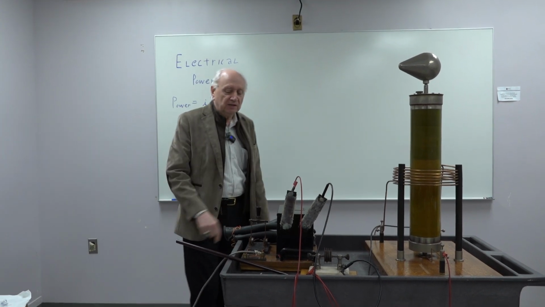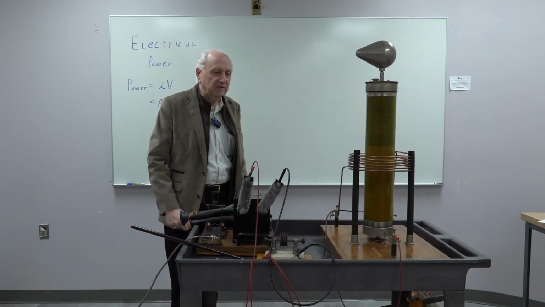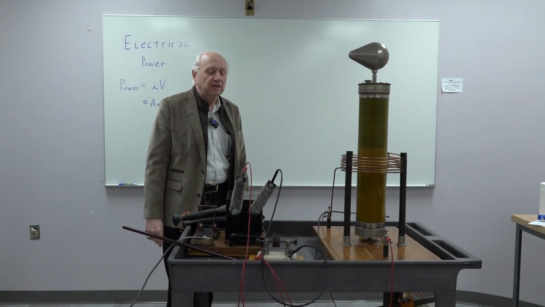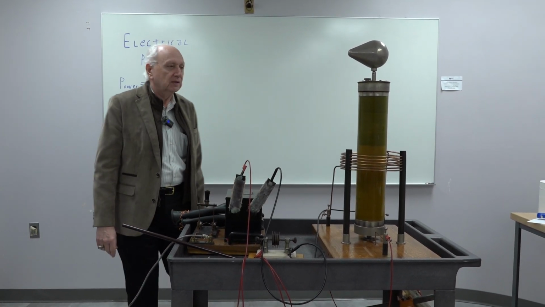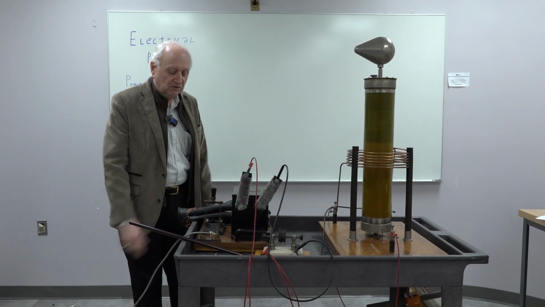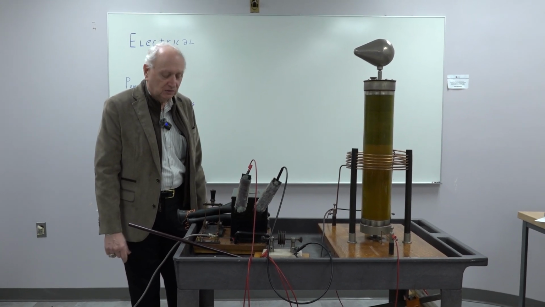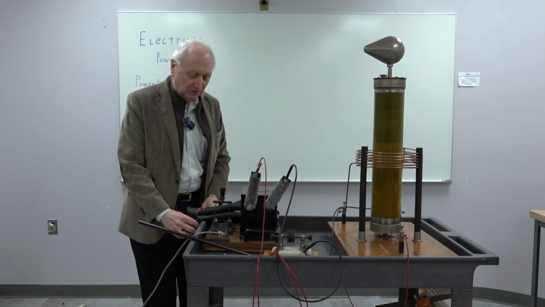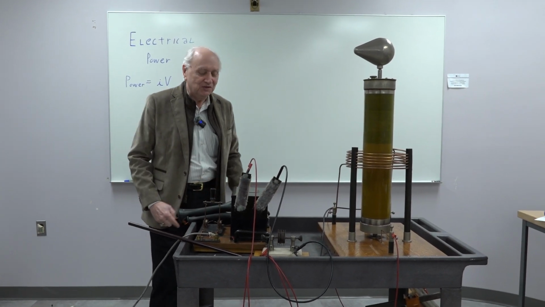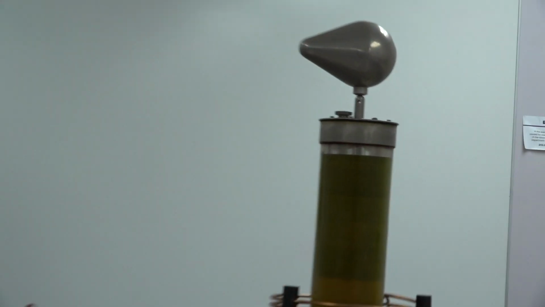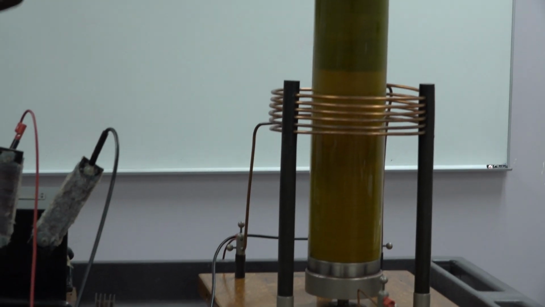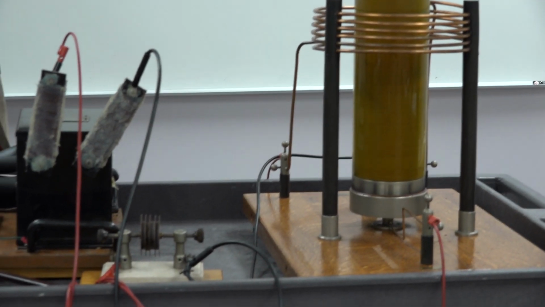We can demonstrate that to you here. We have the ability to produce a voltage about as high as the high tension wires that transmit electricity. And this device is called a Tesla coil. And we're going to take some precautions. I do a lot of demonstrations in physics, and we're careful, but this one I am always afraid of. First of all, it makes a lot of noise, so we're going to go with earphones.